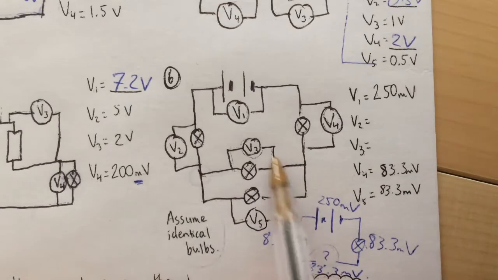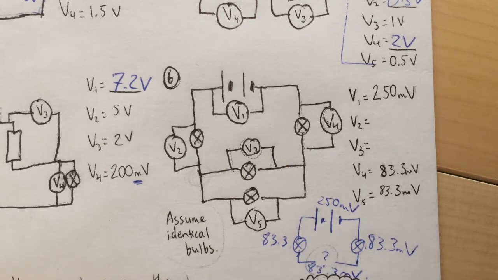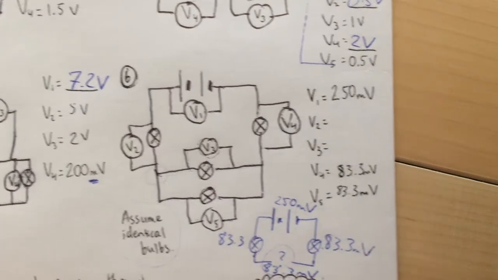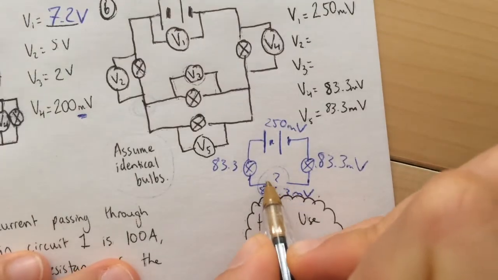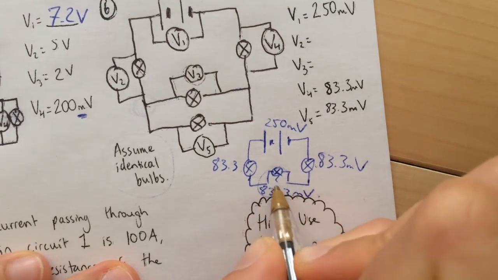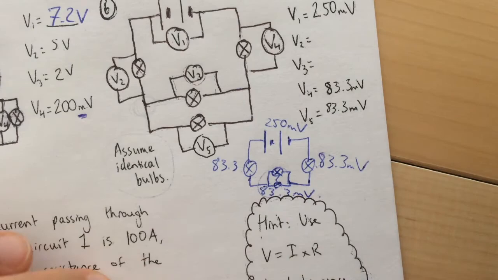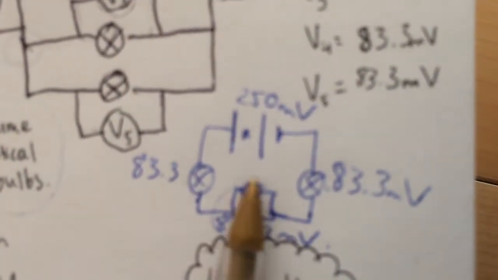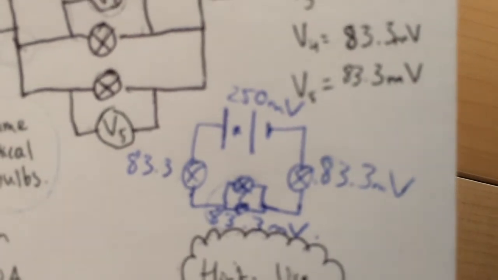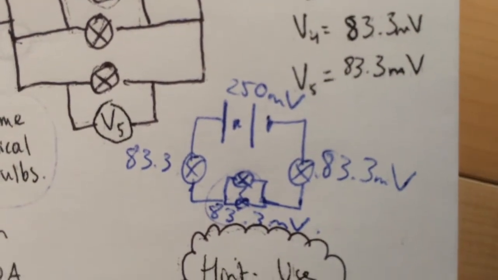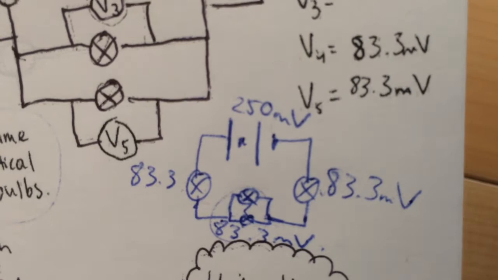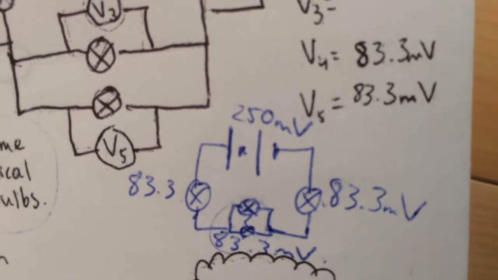Now we have a look over here, and that unknown thing is actually a parallel section. So I could maybe just about add it in. Okay, it's a parallel section. I'll just put that to the camera. This is actually a parallel section. We know that the potential difference in parallel is the same across each branch.